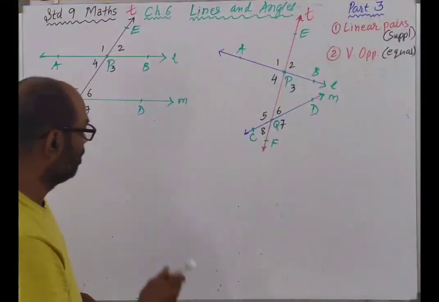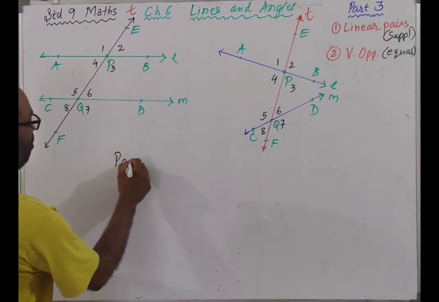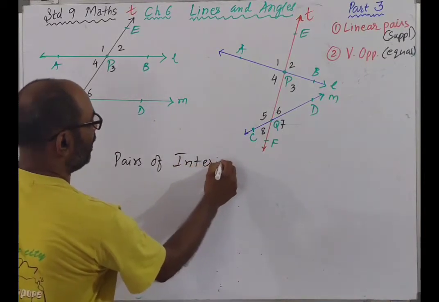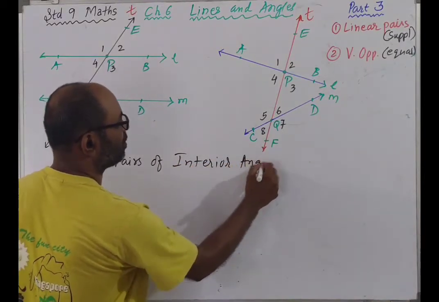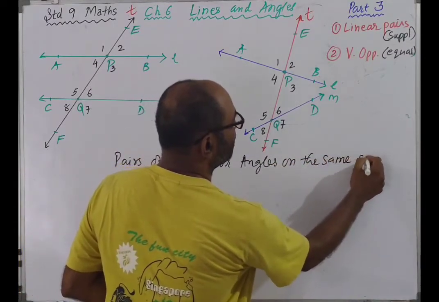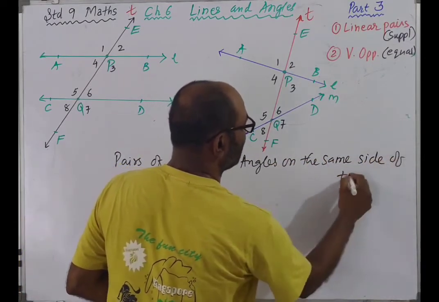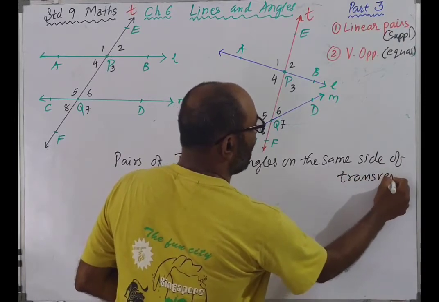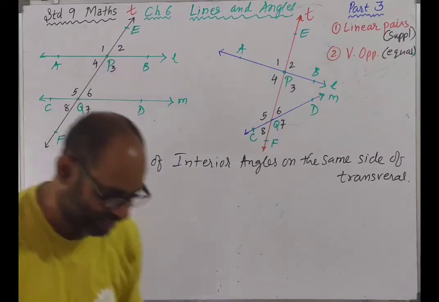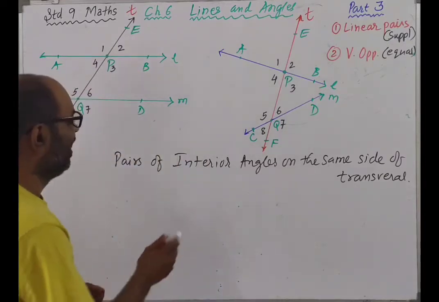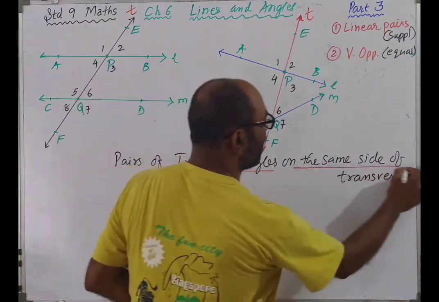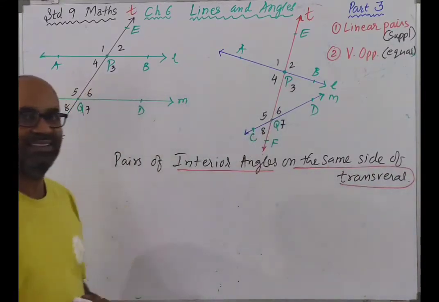Children, now pairs of interior angles on the same side of the transversal. It has a long name, but it is very easy to understand. Interior angles and on the same side of the transversal.